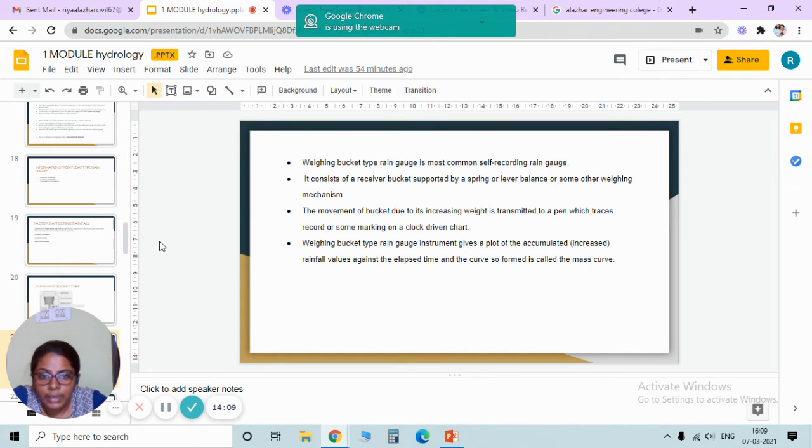The weighing bucket type rain gauge gives us a plot of the accumulated rainfall values. Accumulated rainfall values means increased rainfall values against time, and the curve so formed is called a mass curve. So we can say that the mass curve is a graph between intensity of rainfall and time duration.